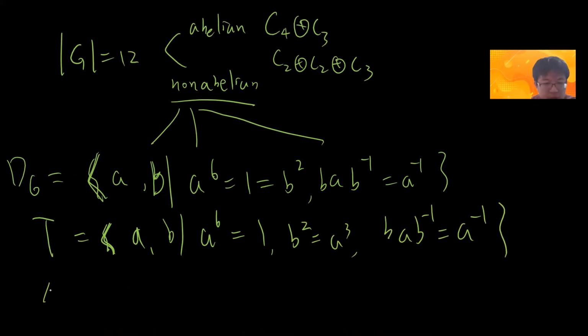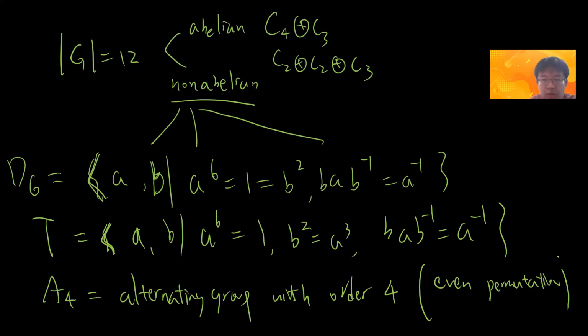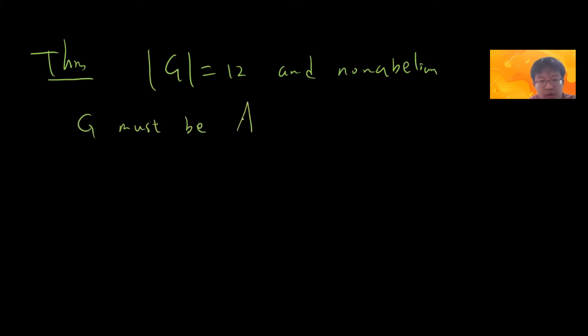The third one is A4, the alternating group of order 12, the even permutations. So our theorem is basically: if G has order 12 and is non-abelian, then G must be A4, T, or D6.